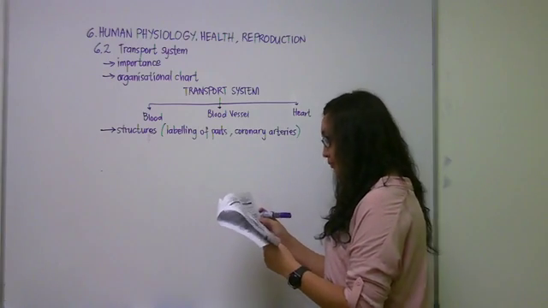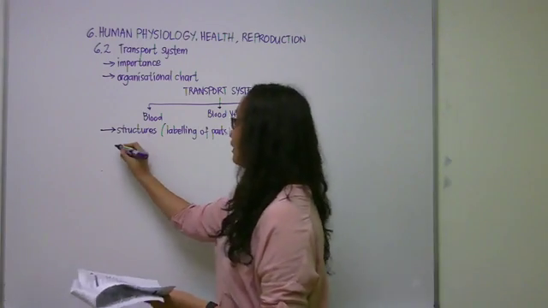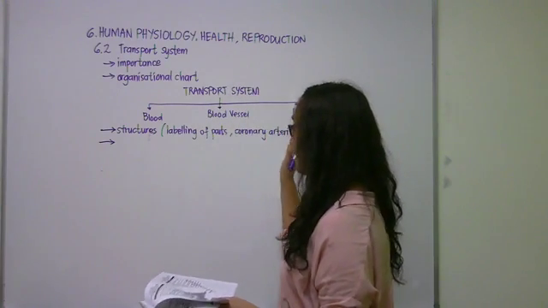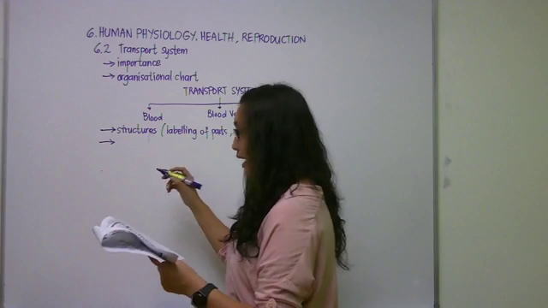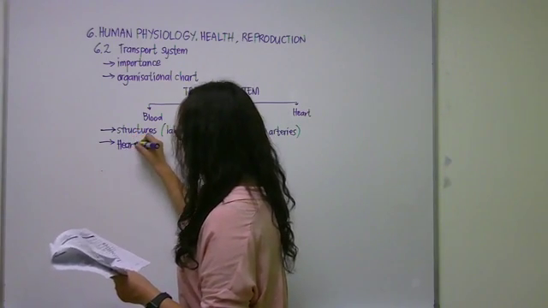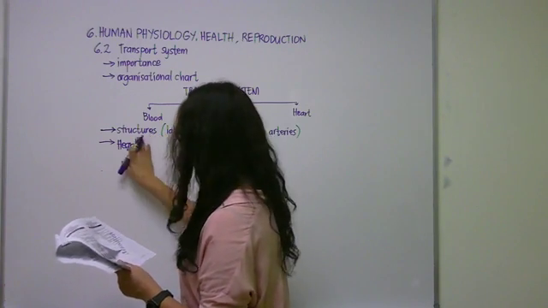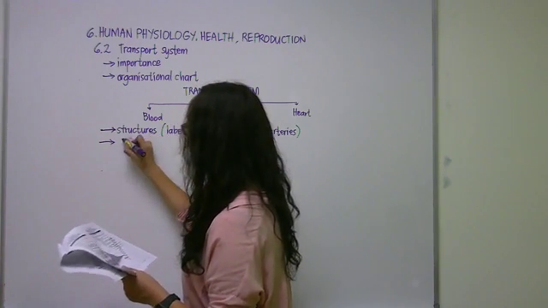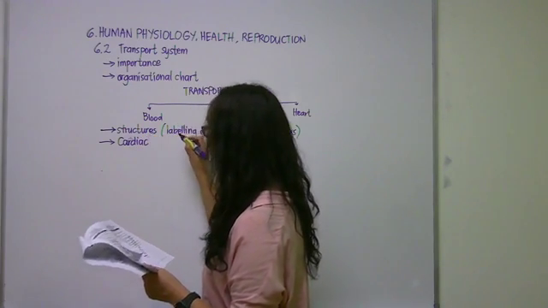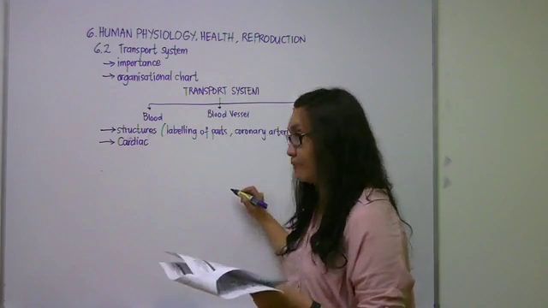Okay, so apart from learning the structures and labeling the parts, we have to include the cardiac cycle. The cardiac cycle is basically the sequence of events in a heartbeat.